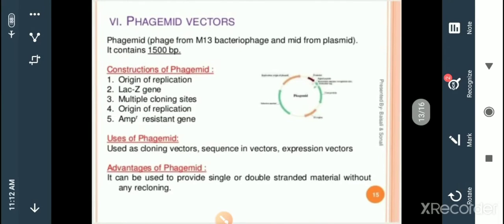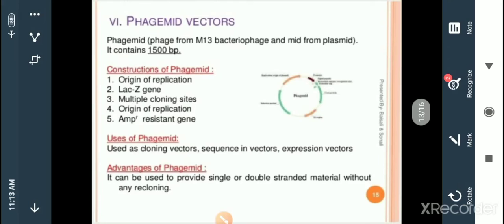And then after that, phagemid vectors. After the cosmid vectors, another type of vector is the phagemid vector. Phagemids are like phage from M13. It is a hybrid type, a combination between two types of vectors: phage from the M13 bacteriophage and mid from the plasmid.